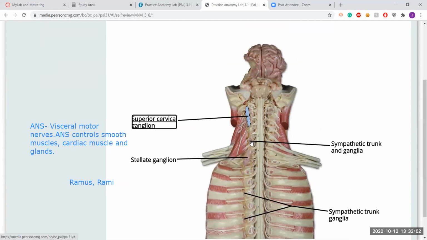They are lying on the side of your spinal cord, and they are connected with each other by motor nerve fibers. This will be similar on the left side too. We have cut. And then some of the ganglia are in front of the vertebra too, which are called prevertebral ganglia.